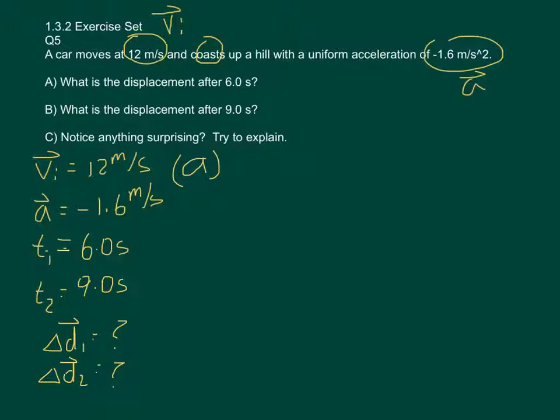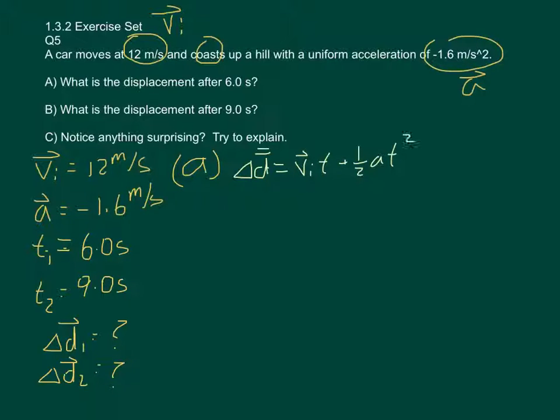Part A, we have velocity, initial velocity, an acceleration, and a T, time. It takes us right to this displacement formula: D equals VIT plus 1/2 AT squared.